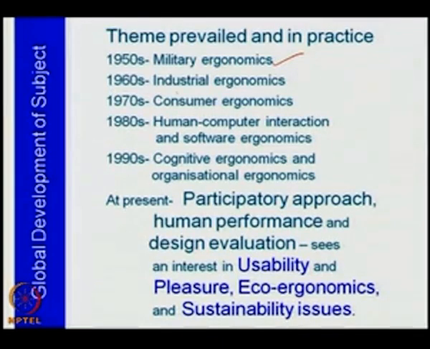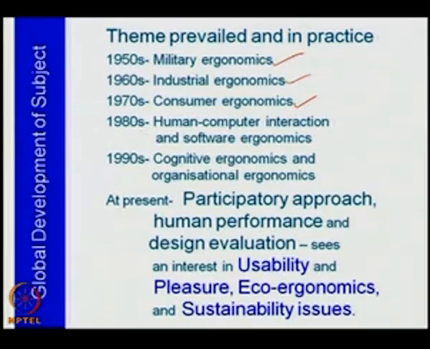In the 1960s, industrial ergonomics, that is industrial management and industrial design etc., started. In the 1970s, all the works were concentrating on consumer products development. So, that knowledge base generated at that time can be said to be the consumer ergonomics area.